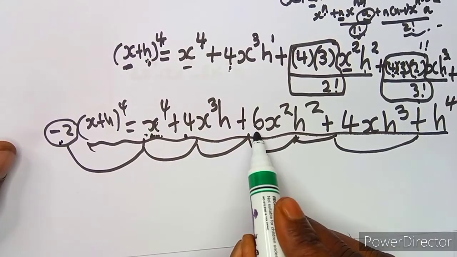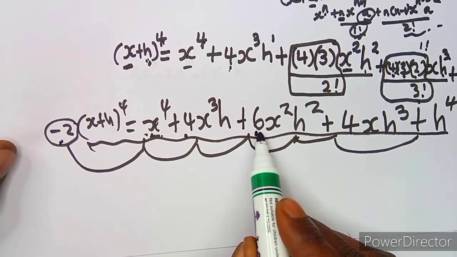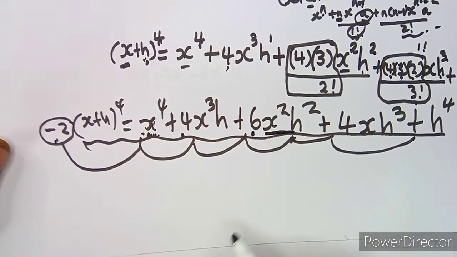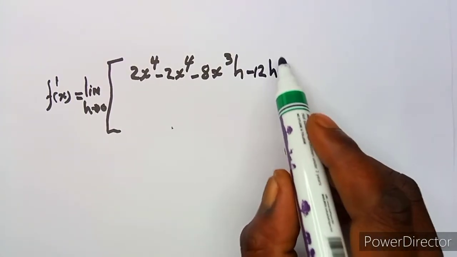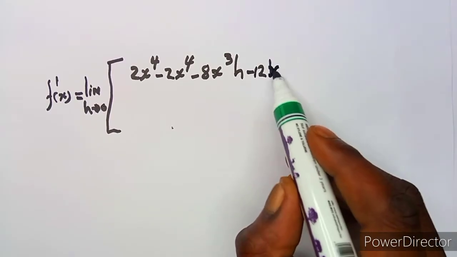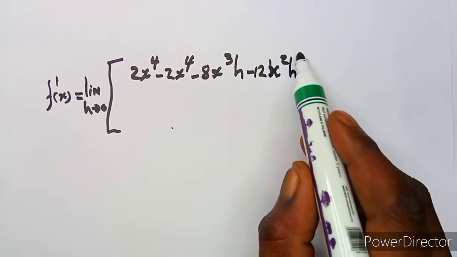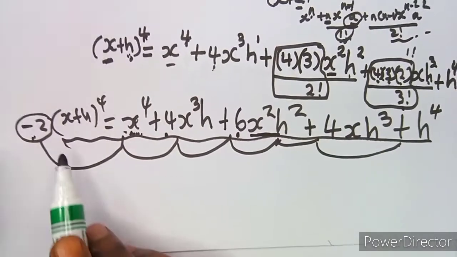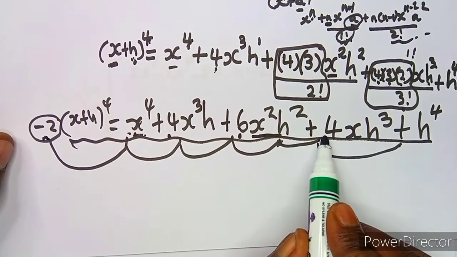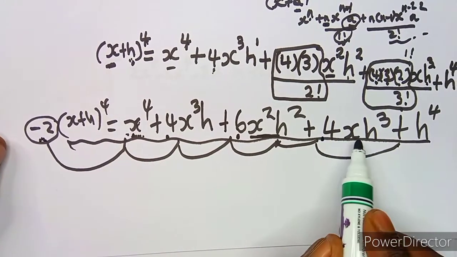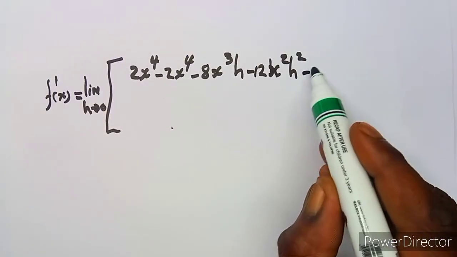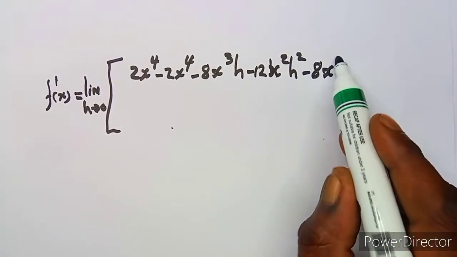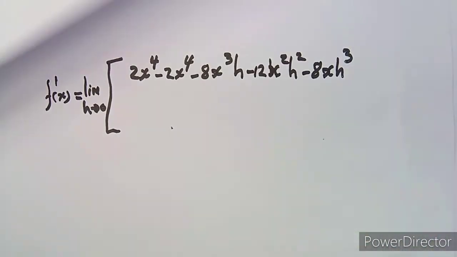Minus 2 times 6 is going to be minus 12, and this is going to remain as it is, so it's minus 12 x to the exponent of 2, h to the exponent of 2. Minus 2 times 4 is minus 8, so minus 8x h to the exponent of 3.